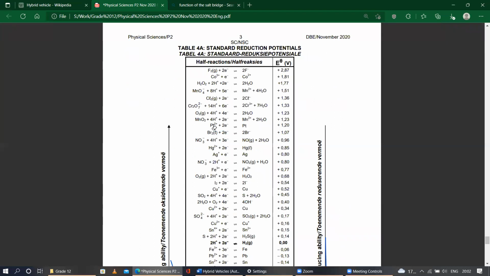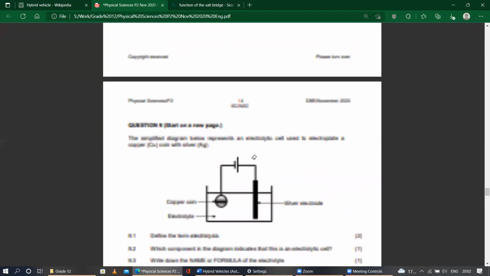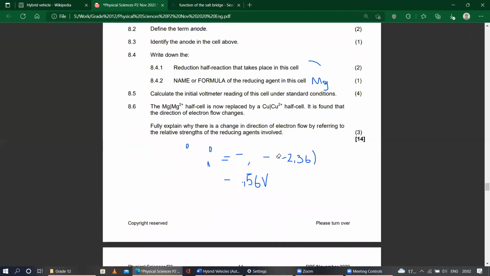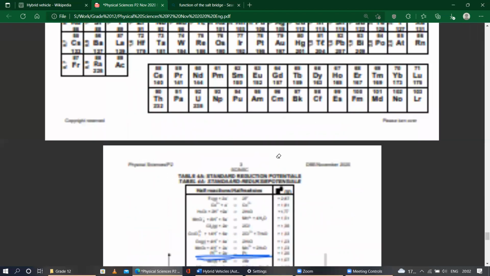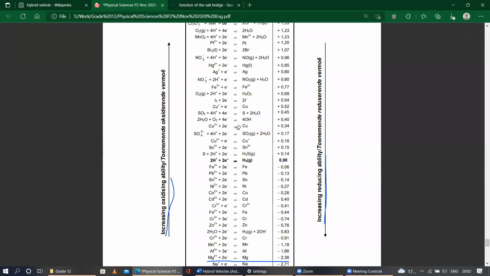As you can see, platinum is 1.20 and copper, which copper half reaction did they use? Cu2+. Okay. For copper it is positive 0.34.